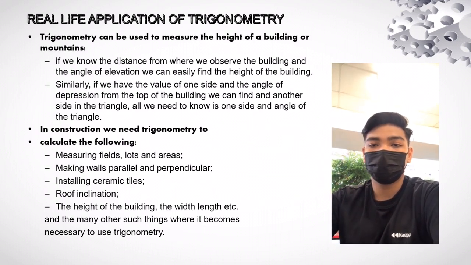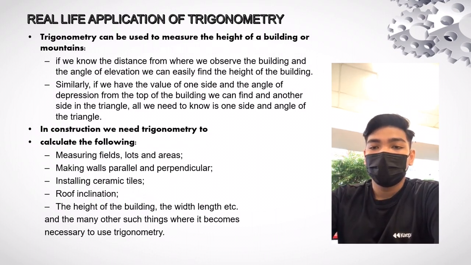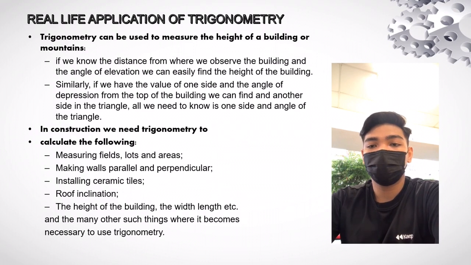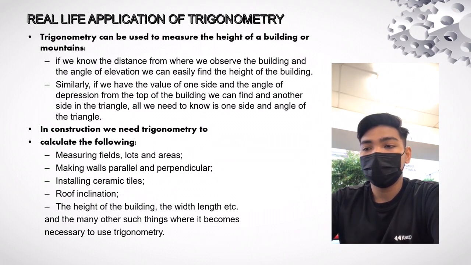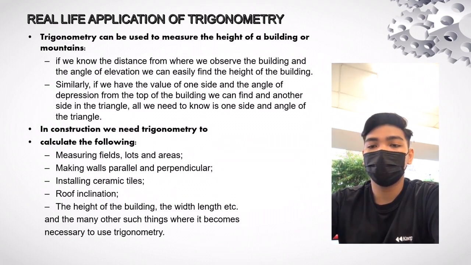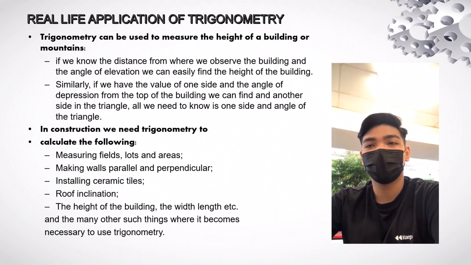In construction, we also apply trigonometry. We use trigonometry to calculate the following: measure fields, loads, and areas, making walls parallel and perpendicular, installing ceramic tiles, roof inclination, the height of the building, the width, and many other such things where it becomes necessary to use trigonometry.